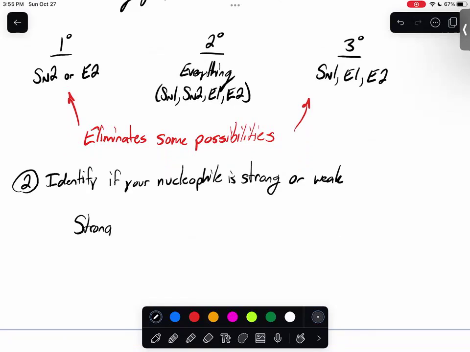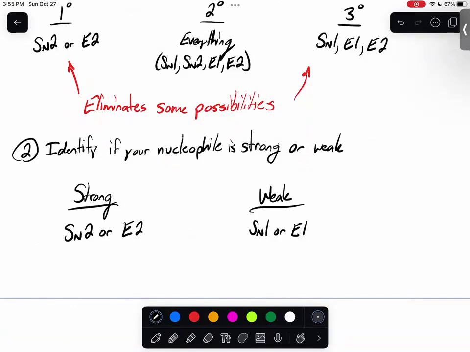So if it's strong, you can immediately narrow down that it is SN2 or E2, right? And if it's weak, on the other hand, it's not possible to do SN2 or E2, so this must be SN1 or E1. And as a reminder, one thing that's really nice is if you identify something as a weak nucleophile, remember SN1 and E1 both occur together.